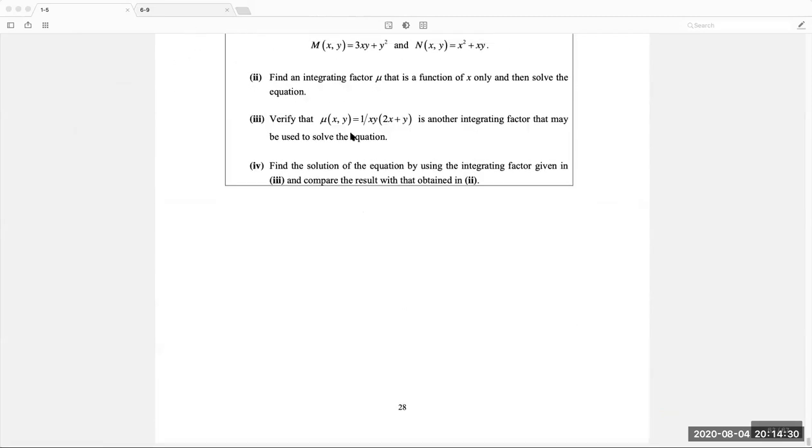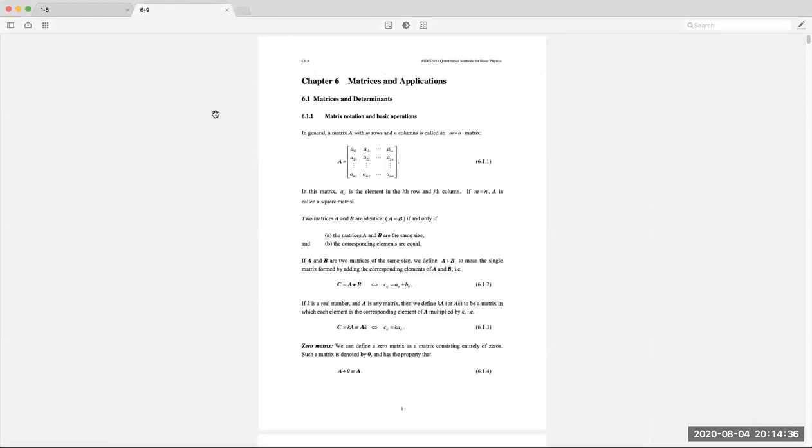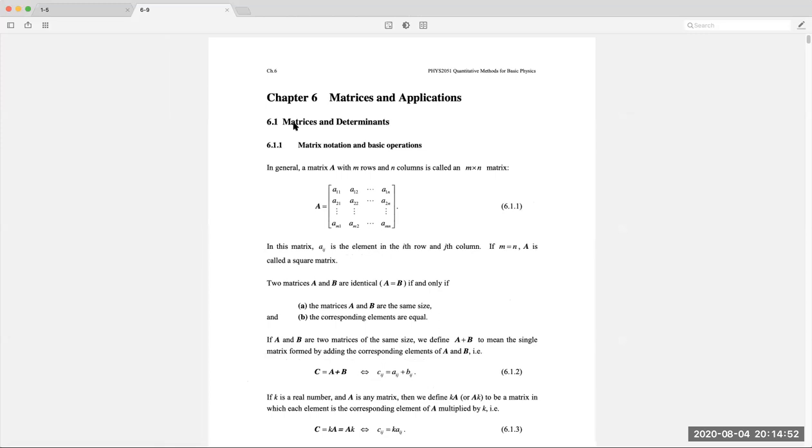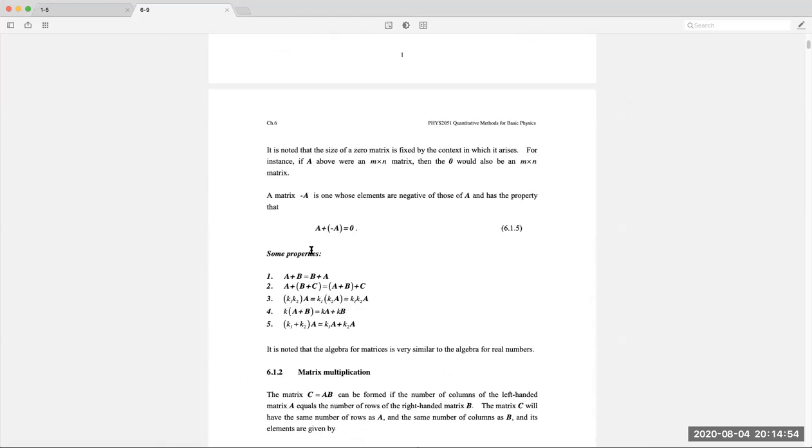Let's go to the next part. So this part is about the matrix. If you are not so familiar with matrix, you can have a look at it, because when you are trying to solve a system of linear equations, you need to use the matrix.